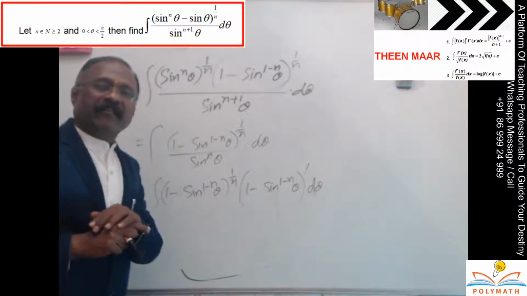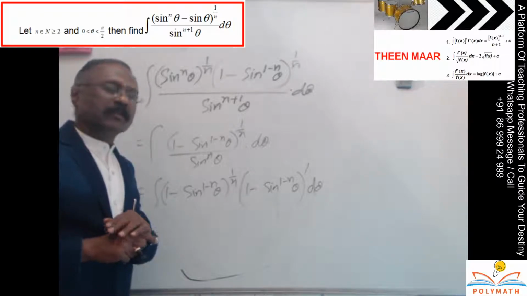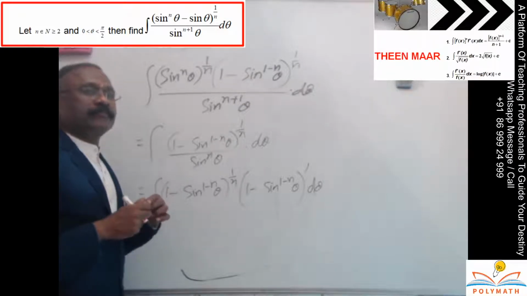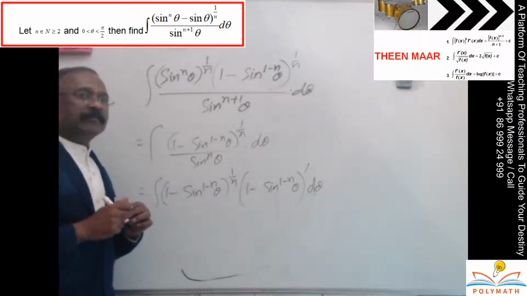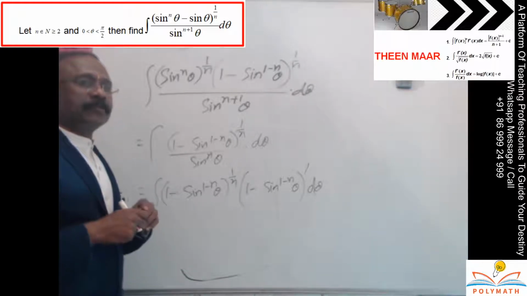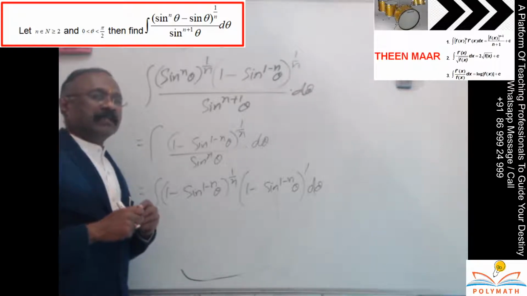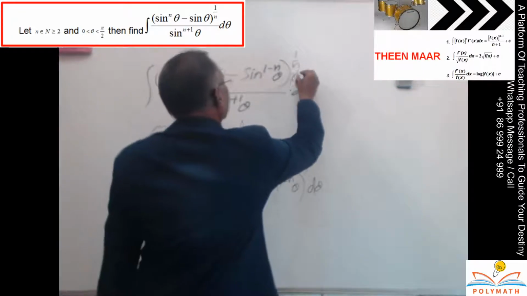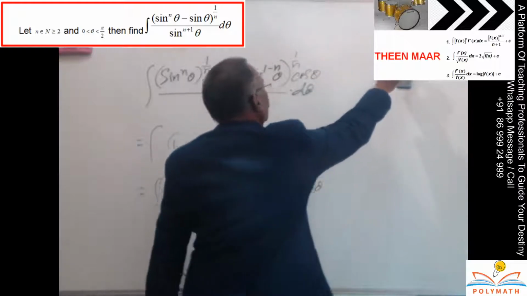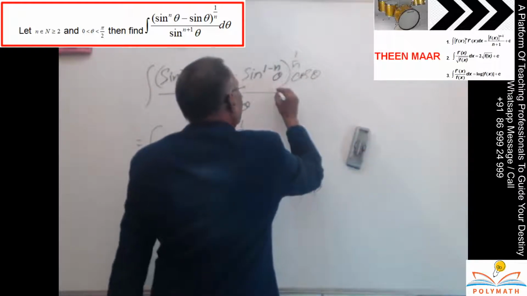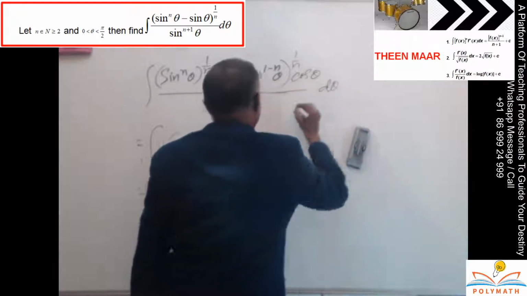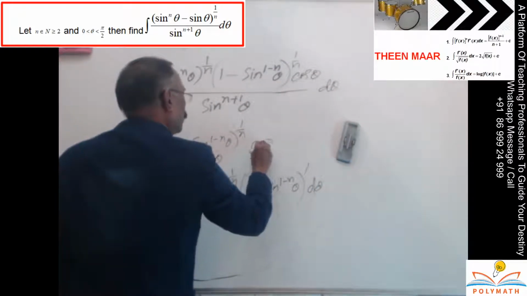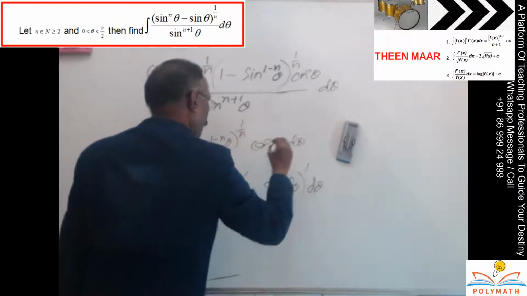Like x power n derivative is n into x power n minus 1. If you apply that, you will get the same. And you have cos theta also there. I think there is a printing error there. You must have cos theta there. Check the original question. I remember you must have cos theta there.